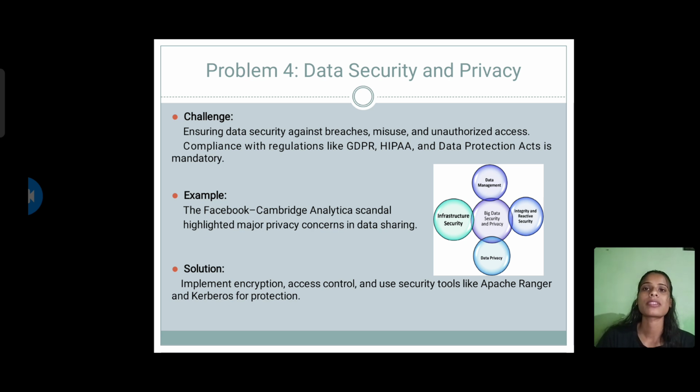A famous example is the Facebook Cambridge Analytica scandal, which exposed how user data was misused for political purposes. To overcome such issues, companies use encryption, access control, and security frameworks like Apache Ranger and Kerberos.